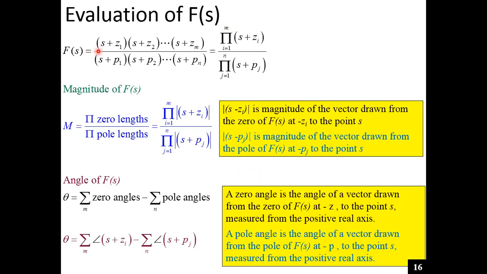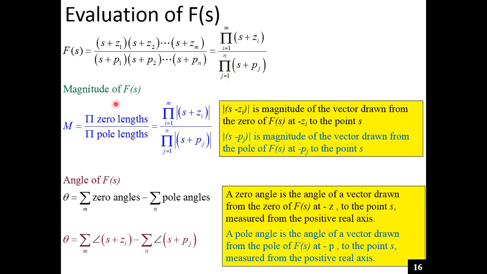F(s) is the ratio of the product of (s plus z_i), where i ranges from 1 to m, and the denominator is the product of (s plus p_j), where j ranges from 1 to n.